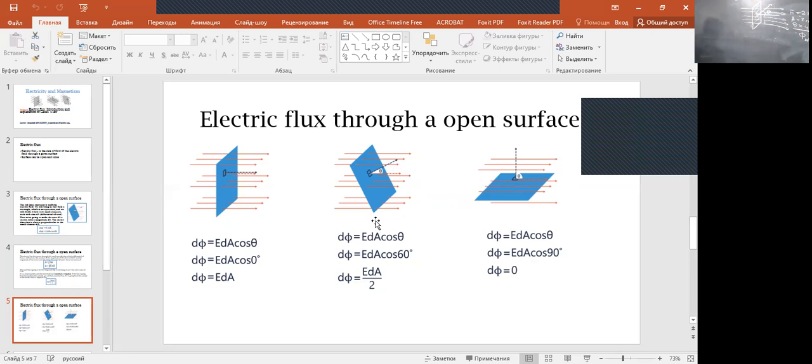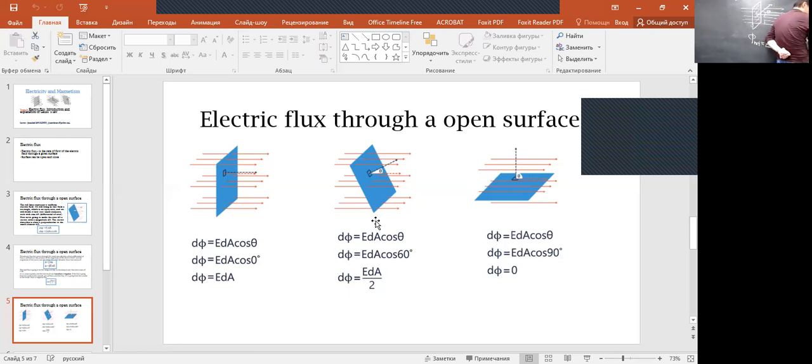How? So the net flux is equal to E A multiplied by cosine of theta, right? So E is equal to 2 multiplied by 10 to the 3, multiplied by 2 square meters, and cosine of 45 degrees is equal to what? Square root of 2 divided by 2.